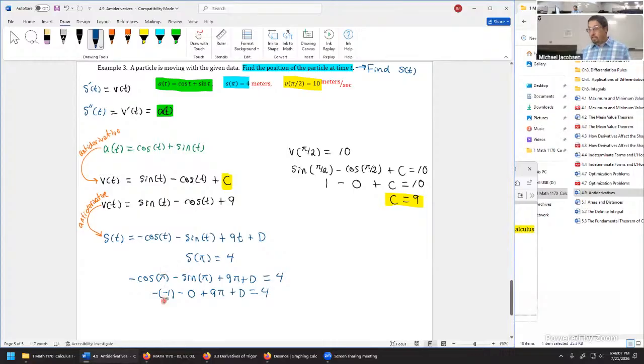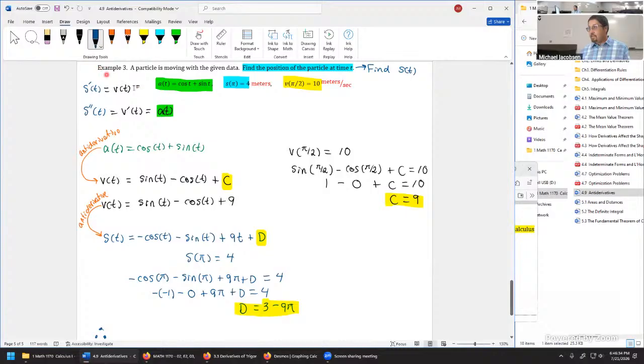Kind of an awkward equation, but we can solve it just like we've done before. D is going to be equal to, this is a +1, so we subtract 1 and get 3. Subtract also 9 pi. So that's the constant d. And now we can conclude just by substituting in for that constant, 3 minus 9 pi.